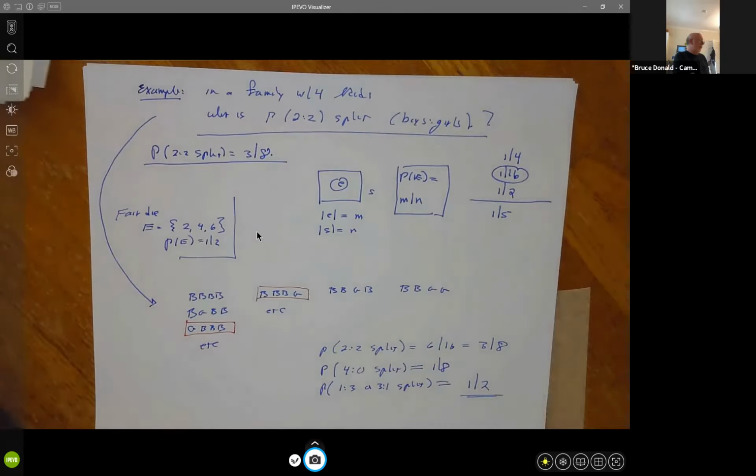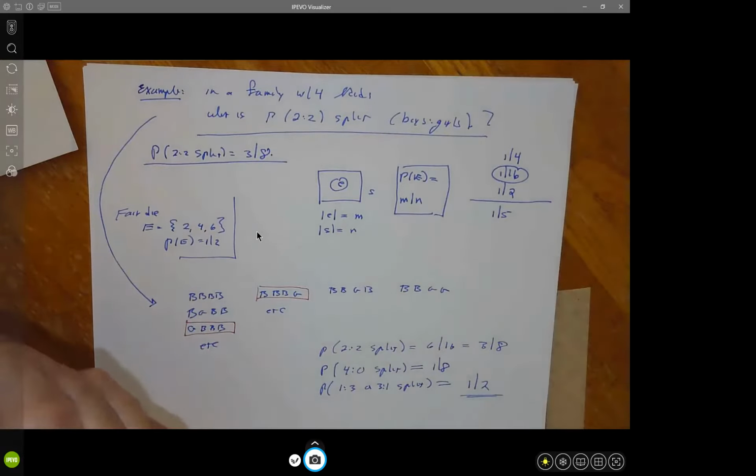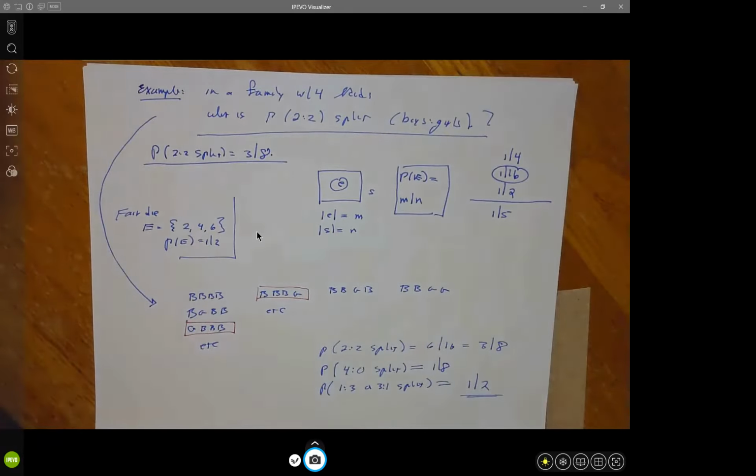Okay. Now, in the remaining time, I want to make some connections here to science in general. In order to do that, I want to show some stuff on my device here about the role of probability. And then we'll do some more details.